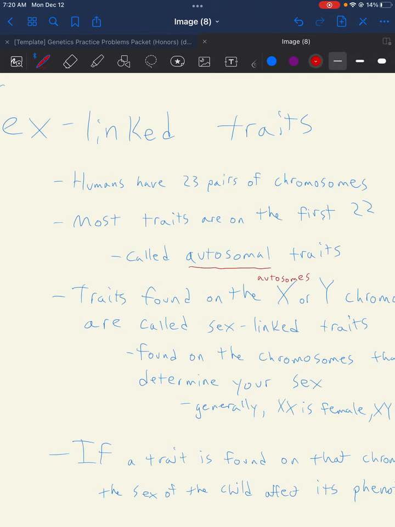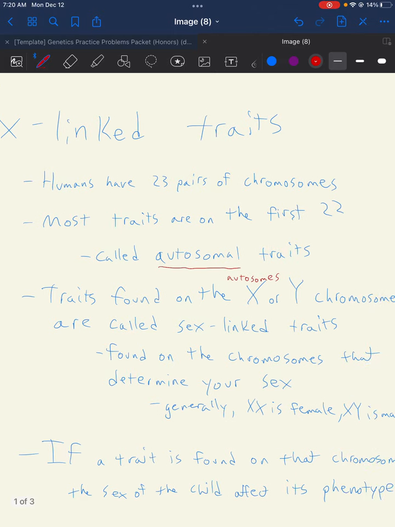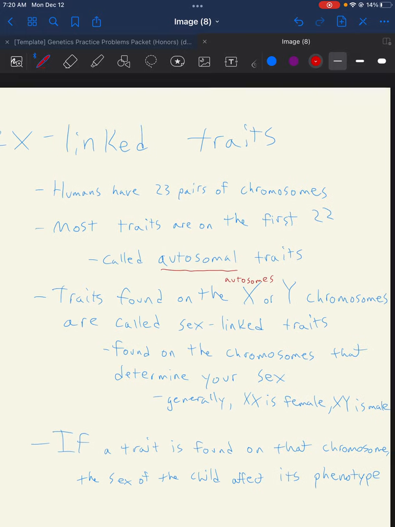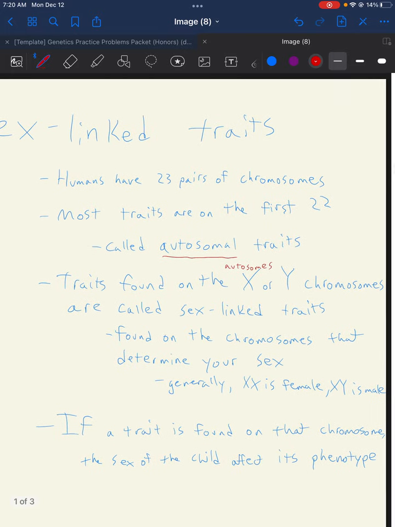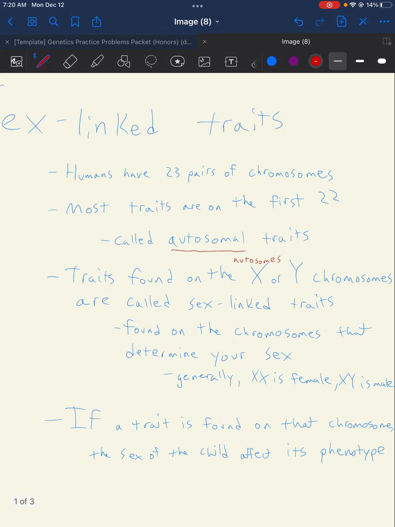But you have a 23rd pair called your sex chromosomes. That determines whether you will be a male or a female. And in humans, that comes in X and Y chromosomes. And as I said, they determine your sex.